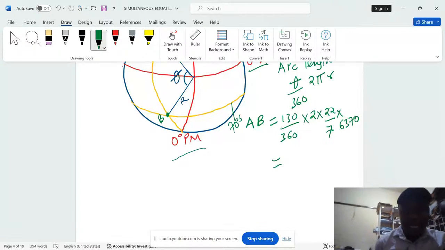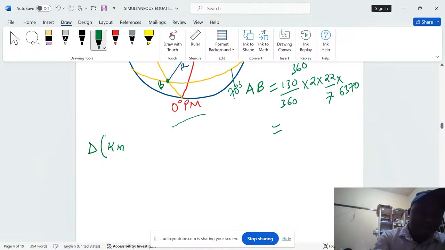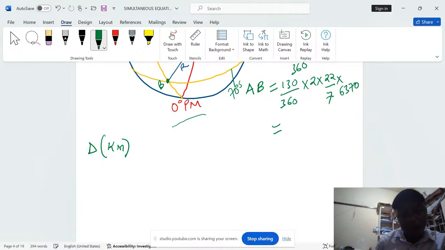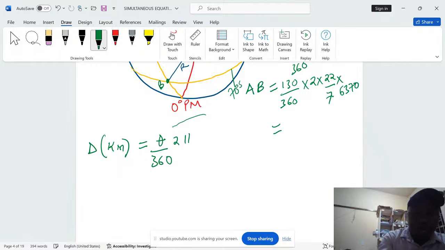Generally, distance in kilometers along a great circle is given by theta divided by 360 multiplied by 2 multiplied by pi multiplied by capital R.